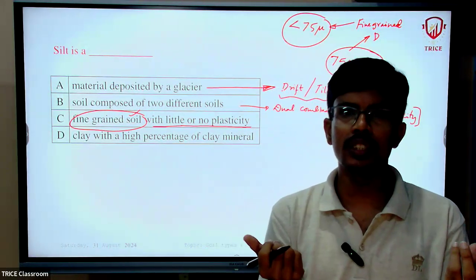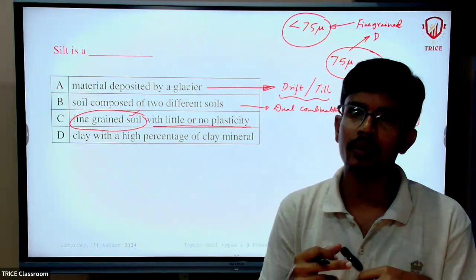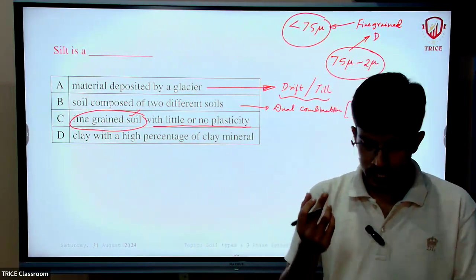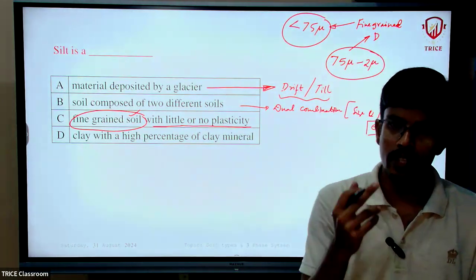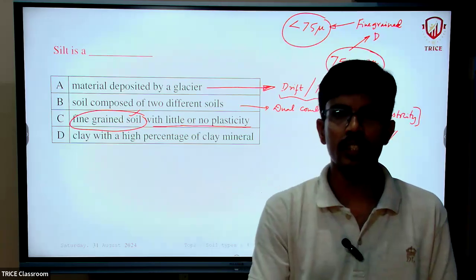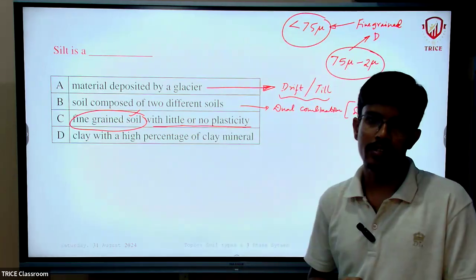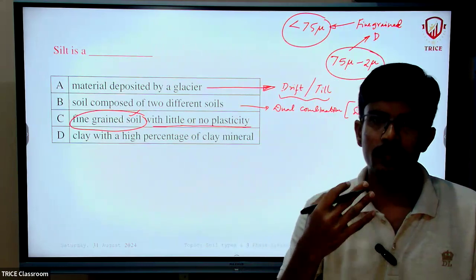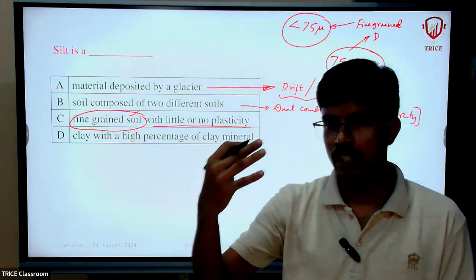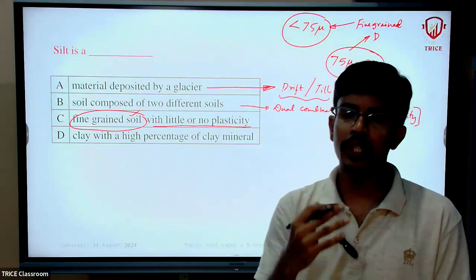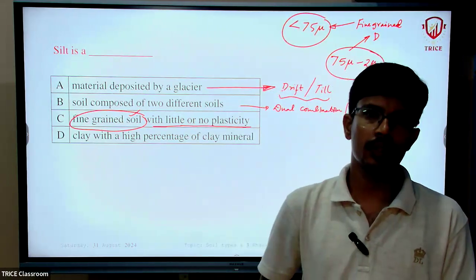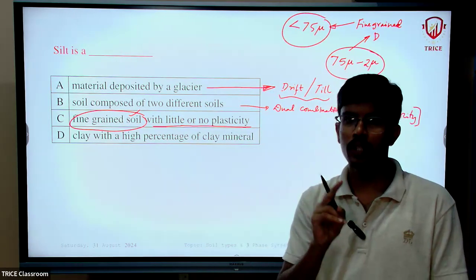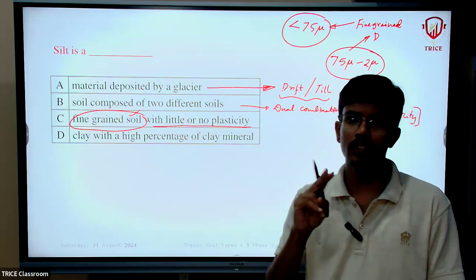If not, we call it sandy soil. Or we can also determine based on the grain size. If the particle size is less than 75 micron to 2 micron, we call it silty soils. If the particle size is more than 75 micron but less than 4.75 mm, we call it sandy soils. So we can decide based on these two categories, grain size as well as plasticity characteristics.